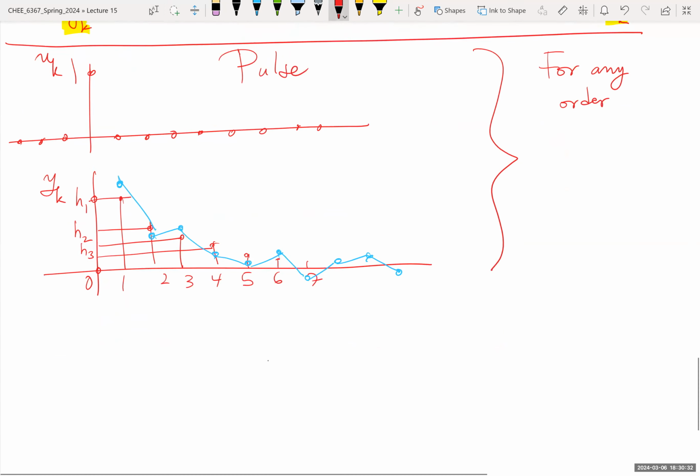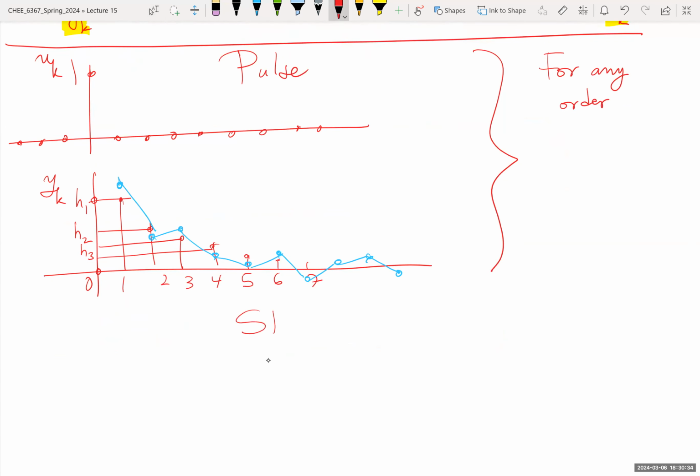People do other experiments. Perhaps they may do a step response. So pulse response is what we use theoretically to understand what this model corresponds to. The coefficients HI correspond to the pulse response of this model.